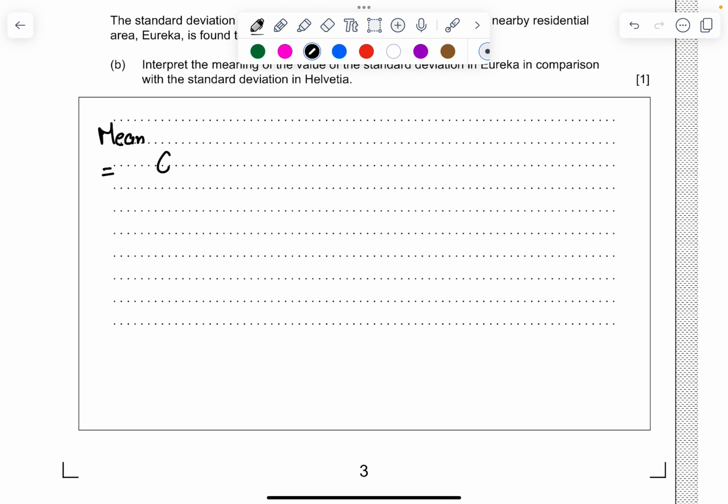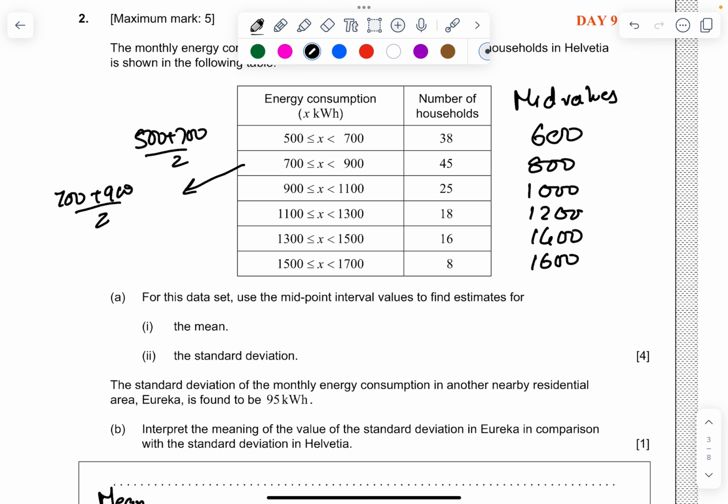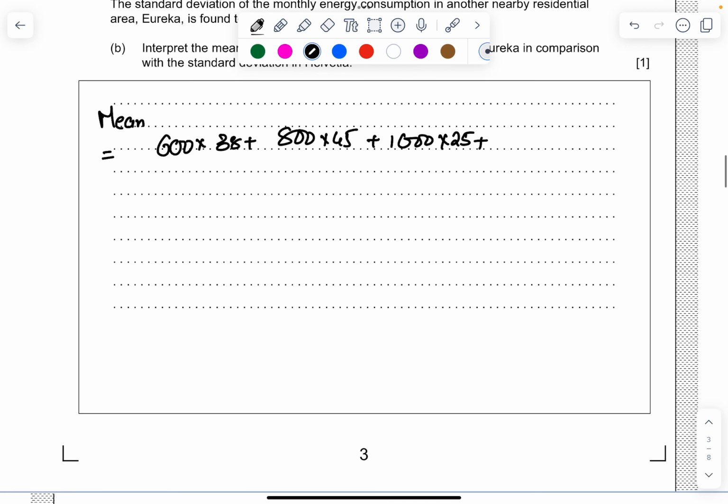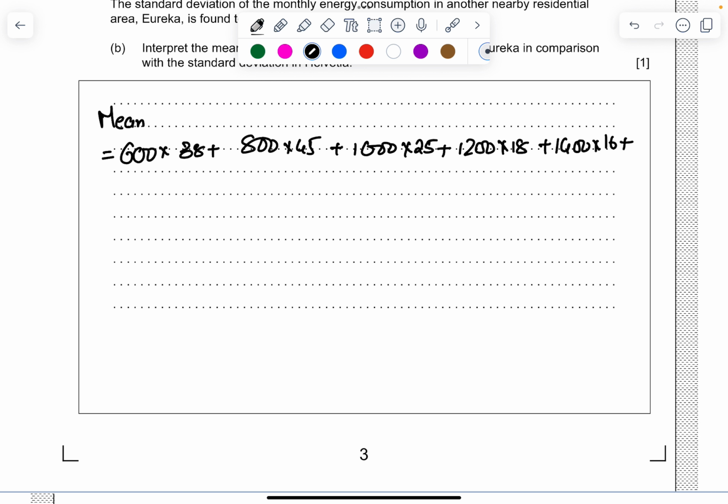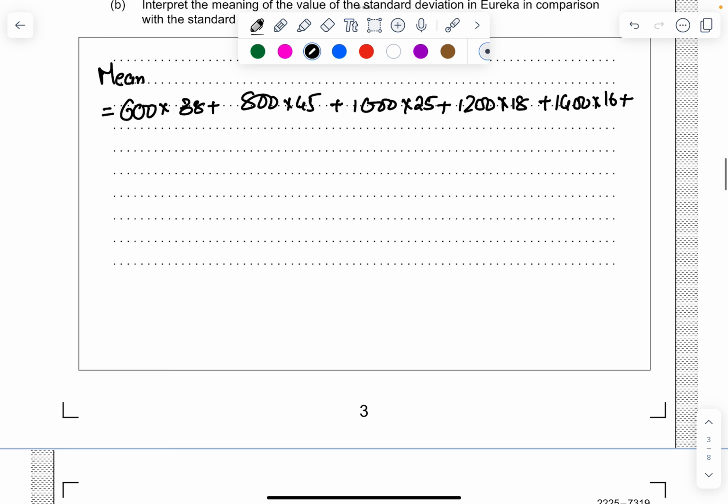So once I get that, find the mean. Mean is going to be 600 times 38 plus 800 times 45 plus 1000 times 25 plus 1200 times 18 plus 1400 times 16, then plus 1600 times 8, divided by 150.